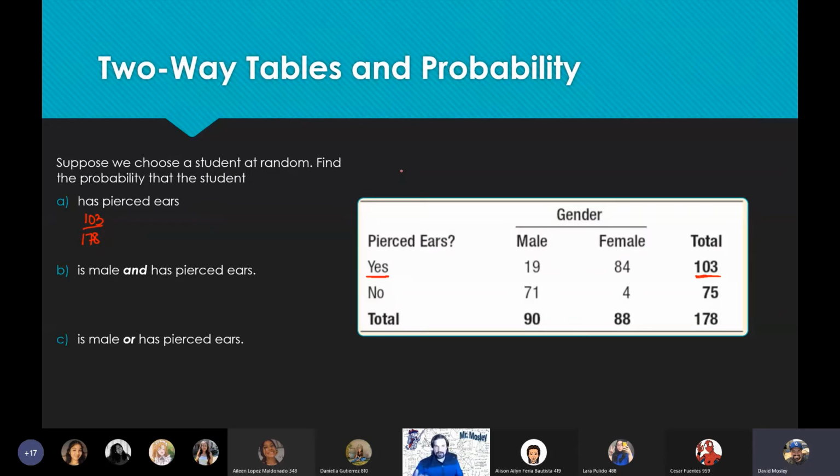Okay, other thing we want to set up that kind of fits into the notation we've been using. Let's define two events. Event A is going to say that the person is male. And that's because in our next few questions, we're considering only the male students. And event B is that they have pierced ears.